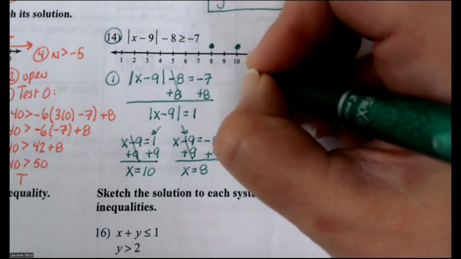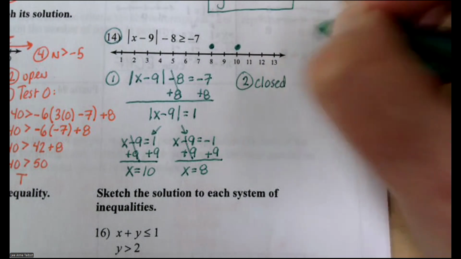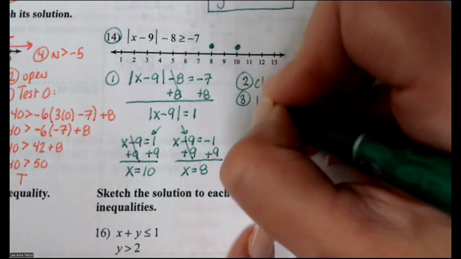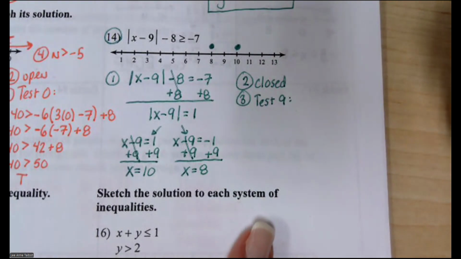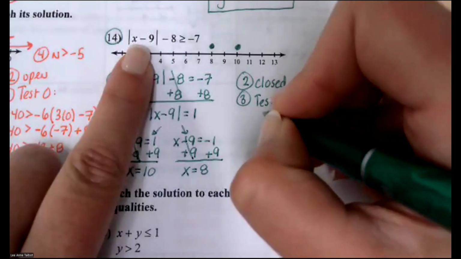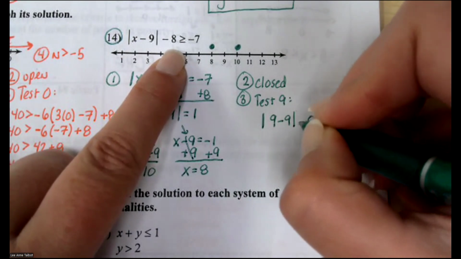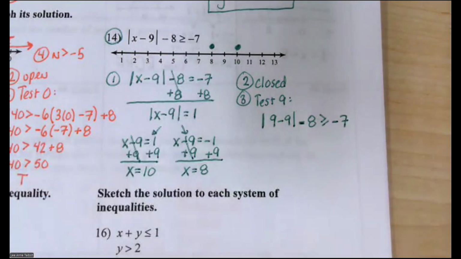Okay, now what is the only thing that I'm going to test? There's only one good thing to test. Yeah, 9, great. Okay, so absolute value 9 minus 9 minus 8 is greater than or equal to negative 7.